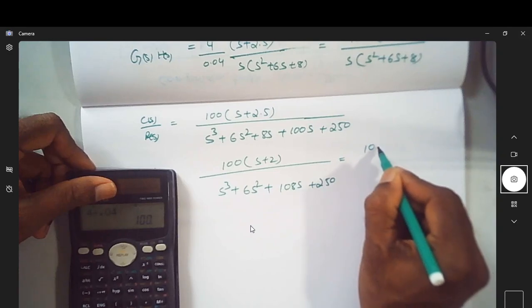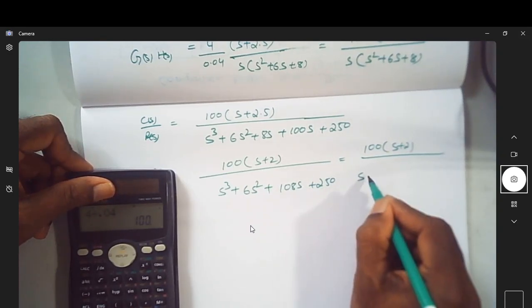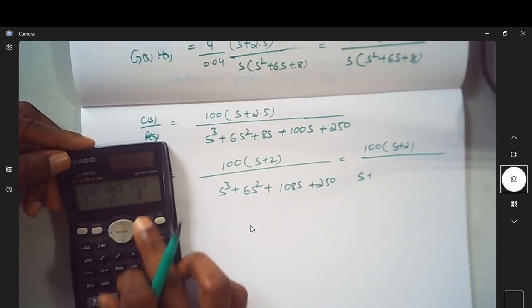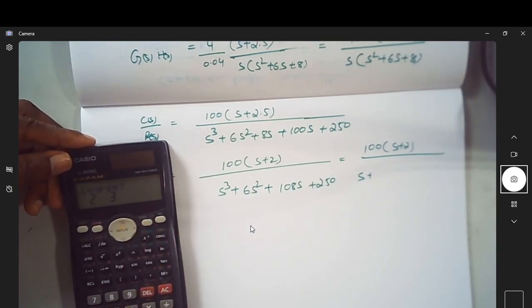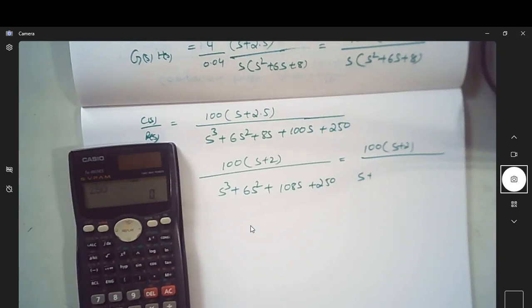Now it is 100 into s plus 2.5, so what are the roots here? Let me find the roots. It is of order 3, with coefficients 1, 6, 108 and 250.